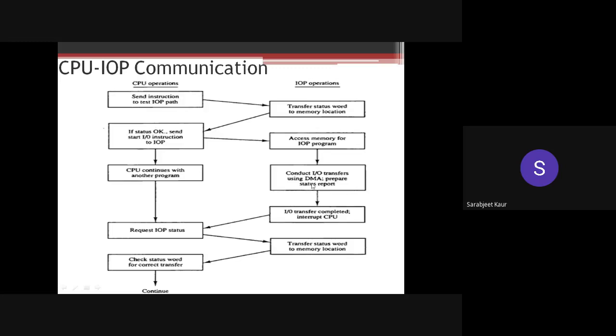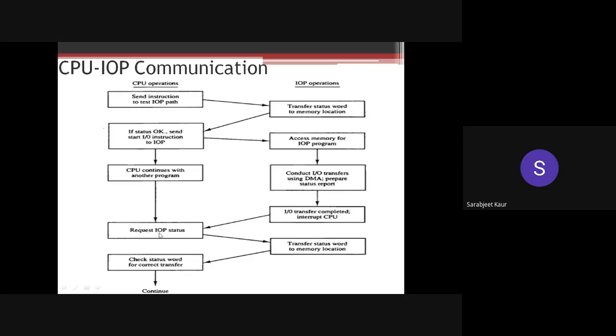DMA means direct memory access, where the IOP can directly access the memory without the intervention of the CPU, and prepares the status report of the IO transfer. For example, whether it was able to complete it, whether it was successful or not, or there was some problem with some IO device or memory, whatever status report is there. Then it interrupts the CPU after the IO transfer is completed.